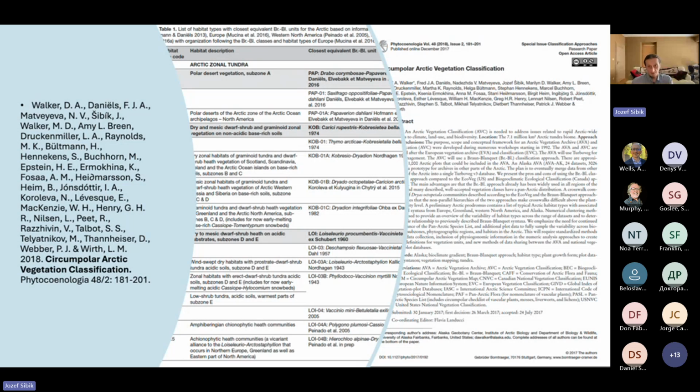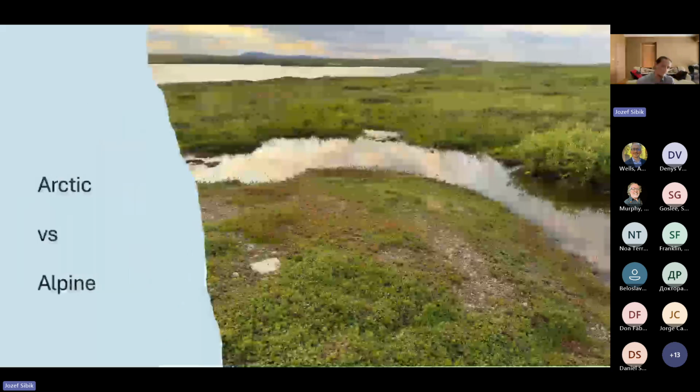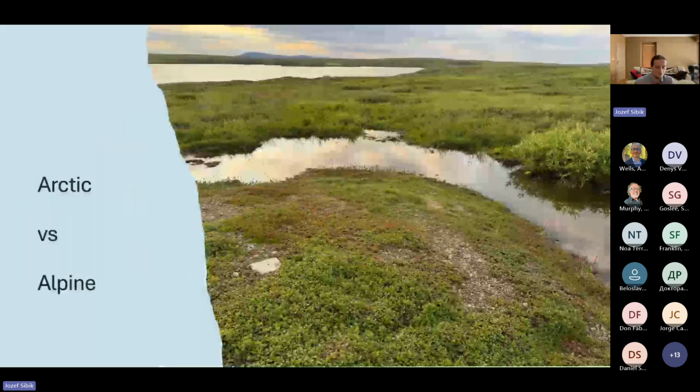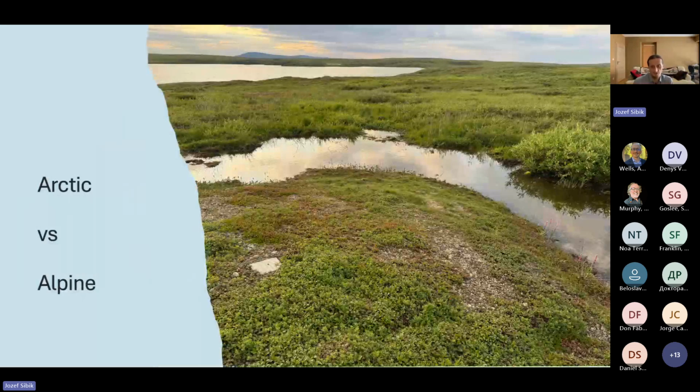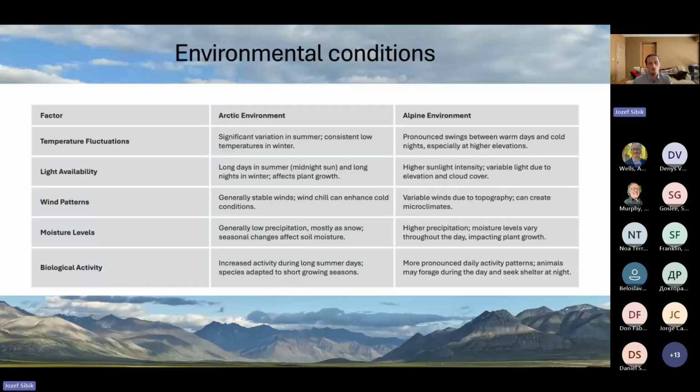So this is just a beginning, and there is the idea to follow the approach that is done in Europe. First, before I skip into the vegetation classification, I will mention some commonalities and differences between Arctic and Alpine. When we are talking about classification of Arctic vegetation, we usually also take into account Alpine vegetation, because there are many similar features. So these kinds of vegetation are repeating in both environments.